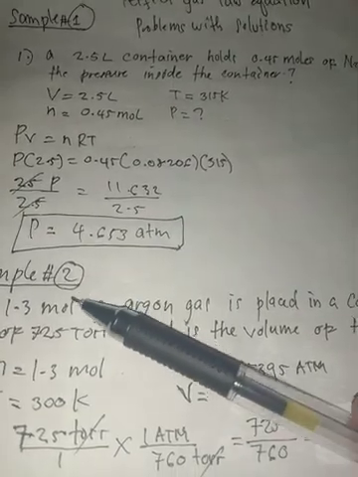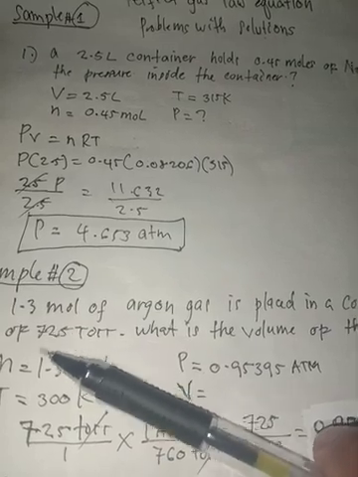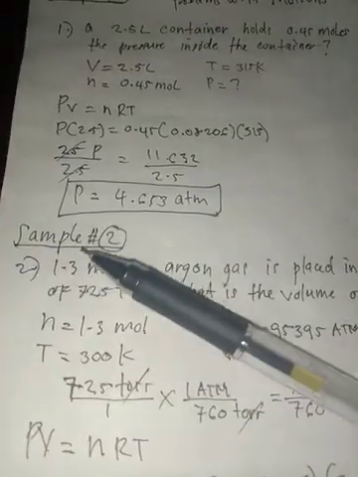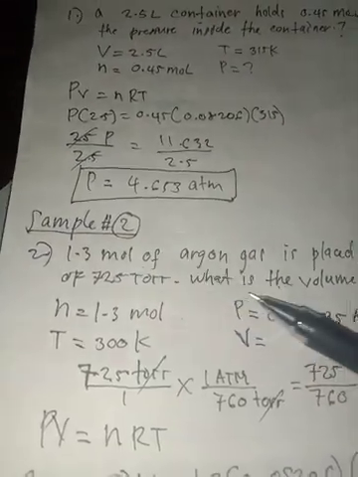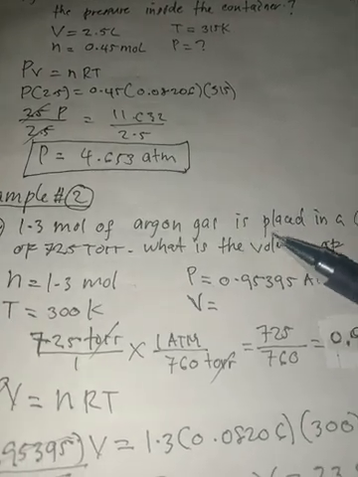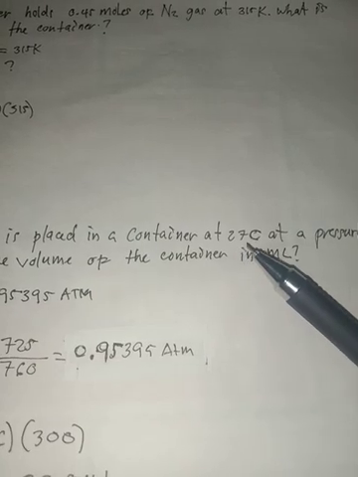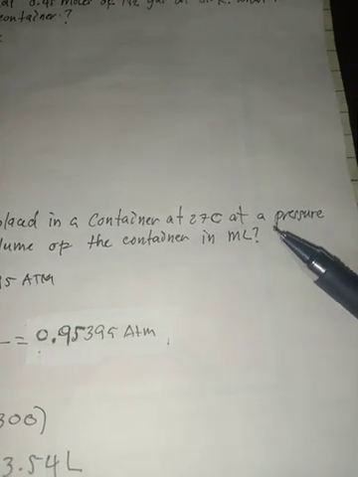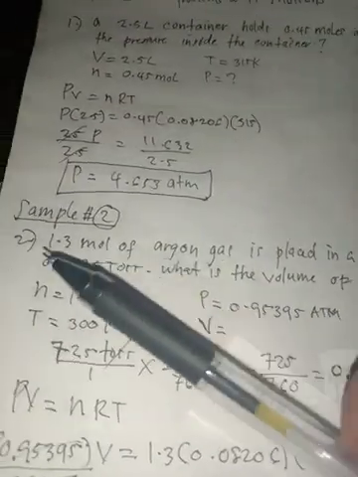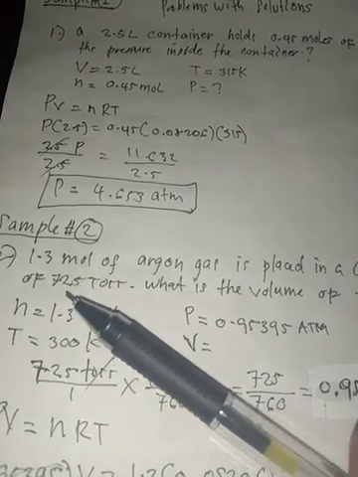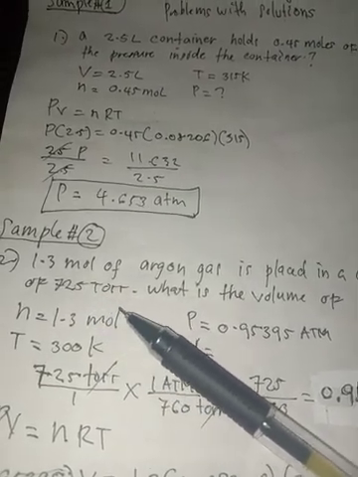So the next, sample number 2, is: 1.3 moles of argon gas is placed in a container at 27 Celsius at a pressure of 725 torr.